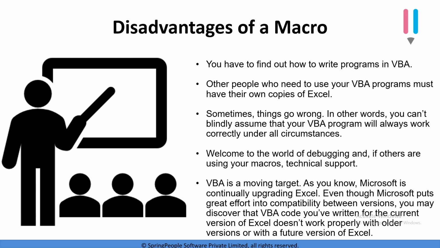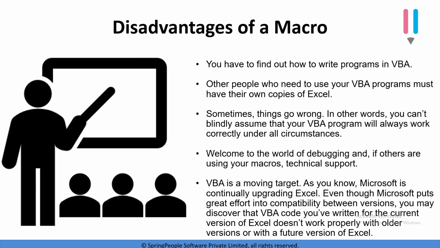So one more thing about VBA is that it is a moving target. As I already told you, Microsoft keeps on upgrading Excel. So sometimes it so happens that the code that you have written may not work with the earlier versions.